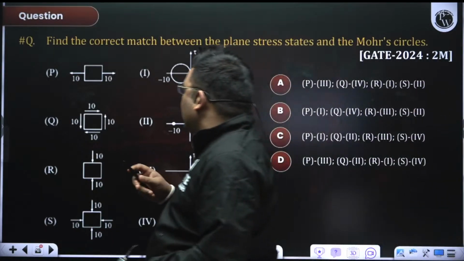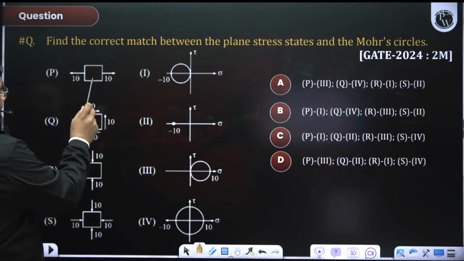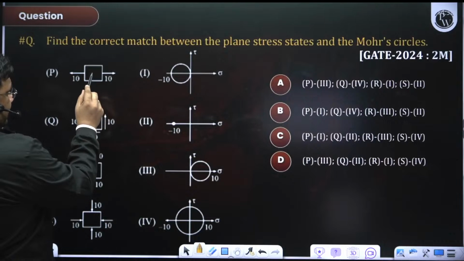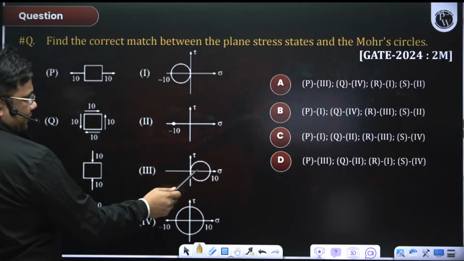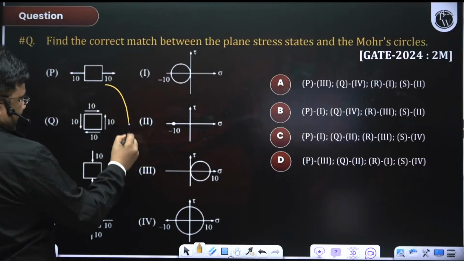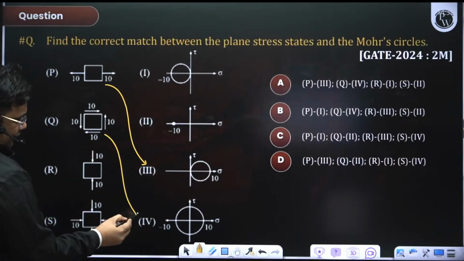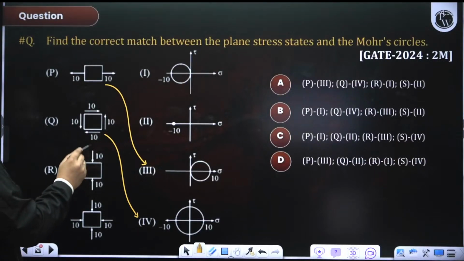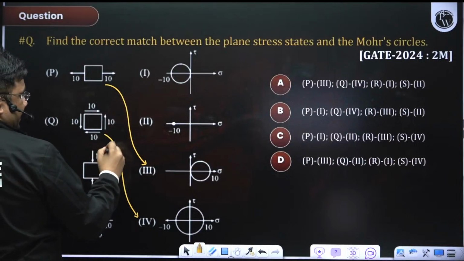You see, this is uniaxial, and this is tensile, so the center will come on the positive side. So P is 3. This is pure shear. This is also uniaxial, but compressive, so the center will come on the negative side.